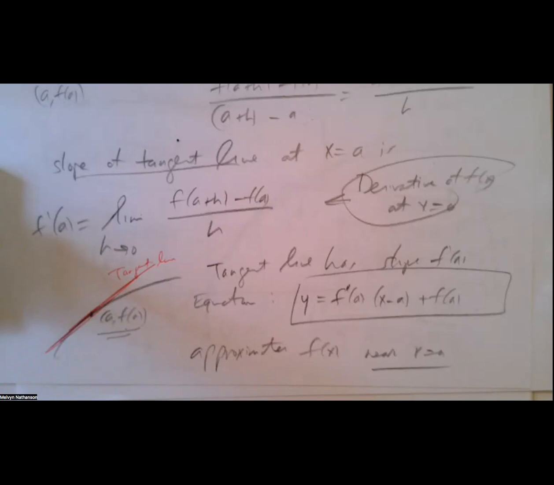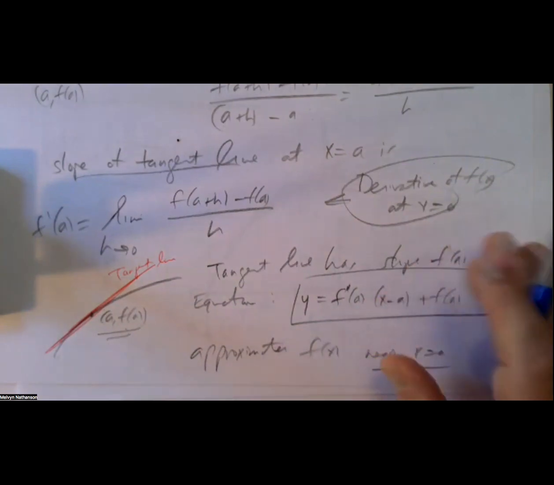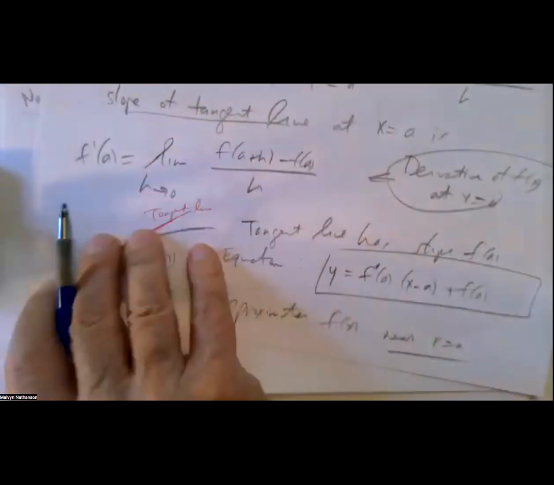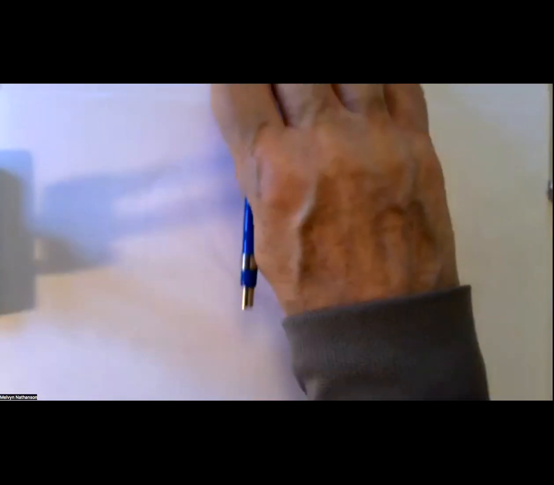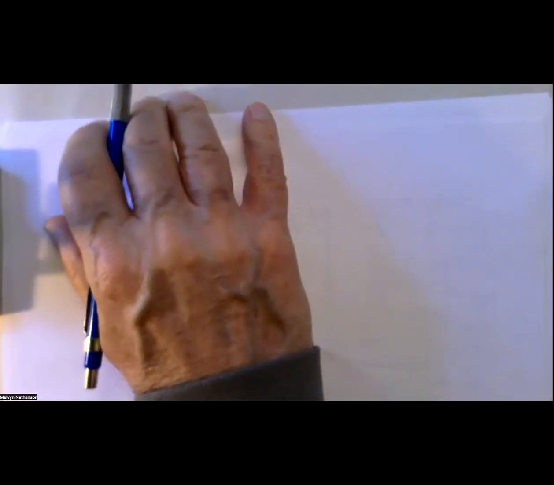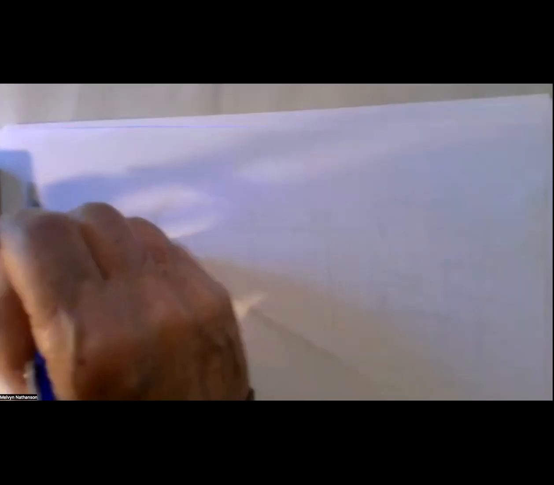And this is the core idea in calculus 1 for the derivative. So let me do some exercises, right? I always like to look at the exercises at the end of the section.